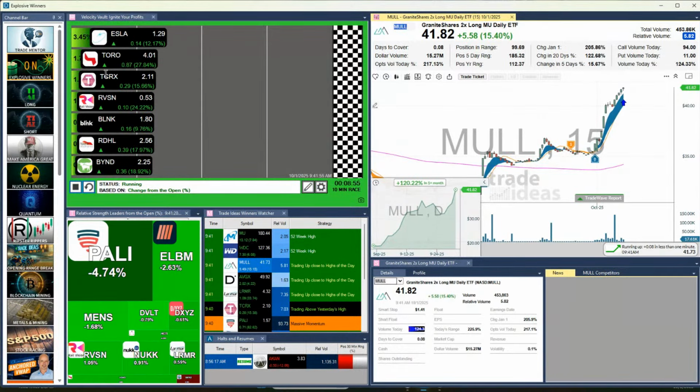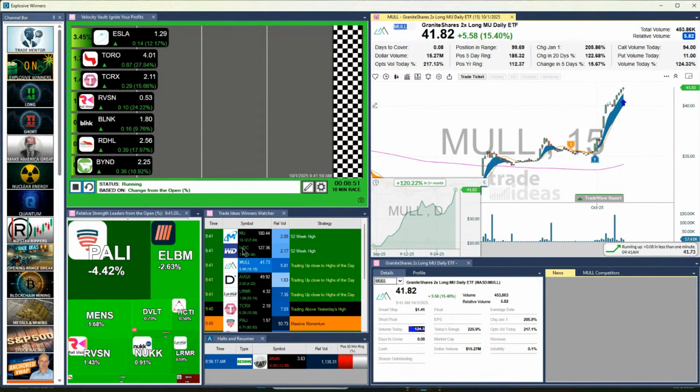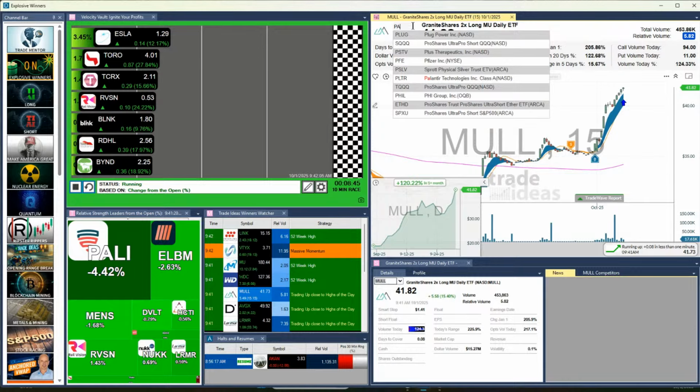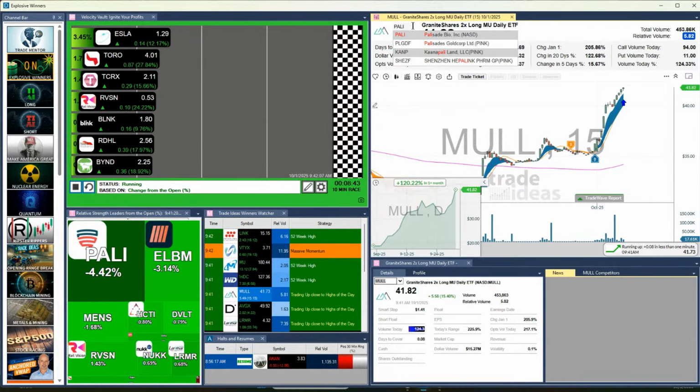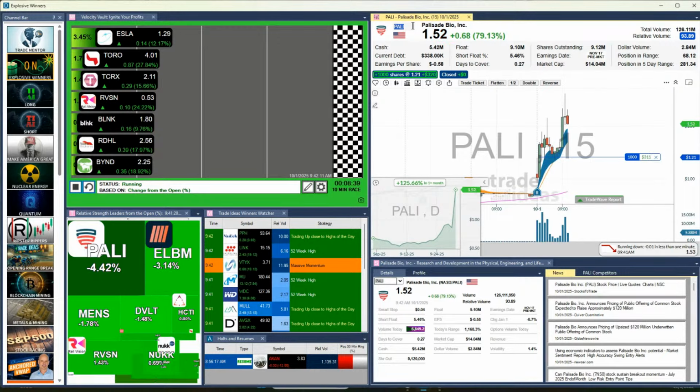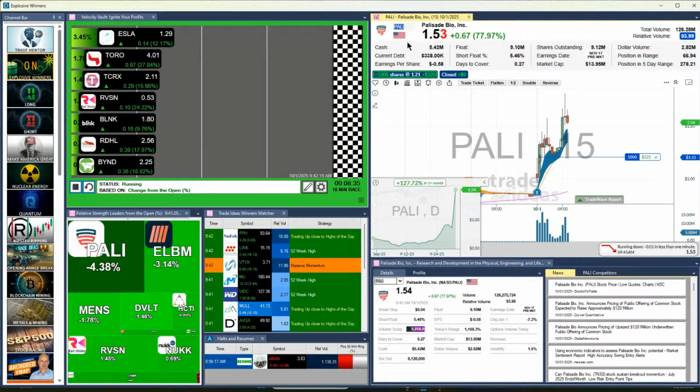I don't think it's necessary. There's nothing that a level 2 window is going to help you with when it comes to getting in and out of something like this.